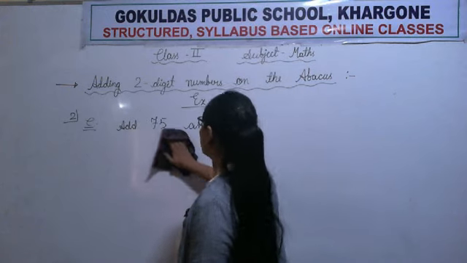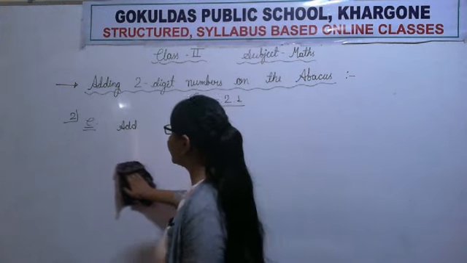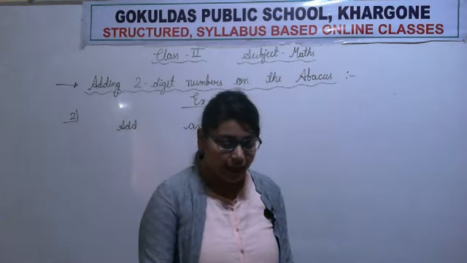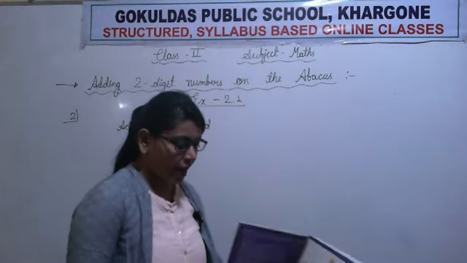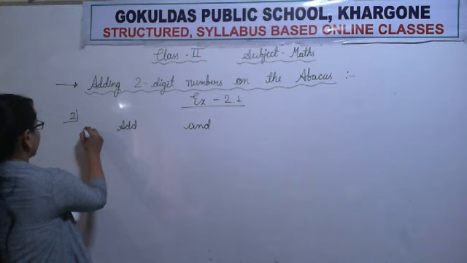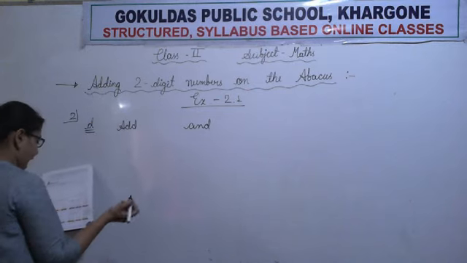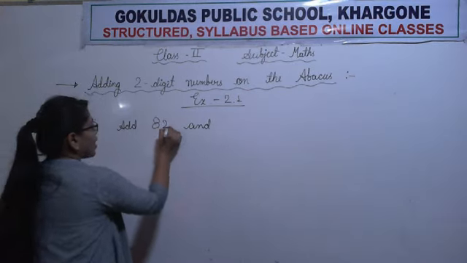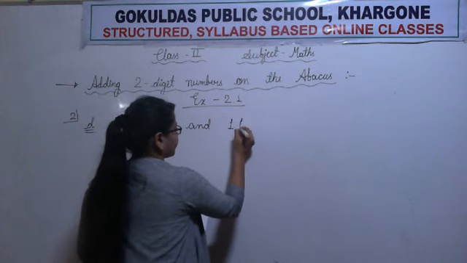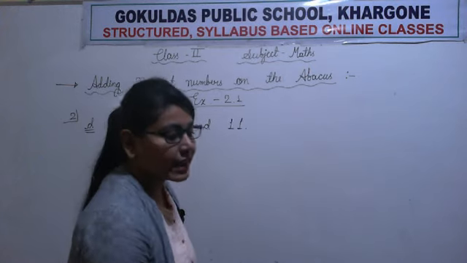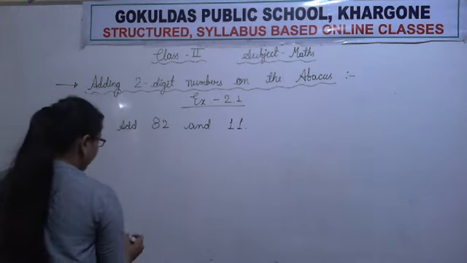Okay, now the last question of the exercise, which is part D. Add 82 and 11. So once again, we will repeat the same process.